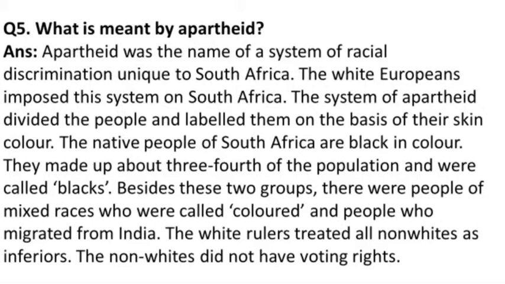The native people of South Africa are black in color. They made up about 3/4 of the population and were called blacks. Besides these two groups, there were people of mixed races who were called colored and people who migrated from India. The white rulers treated all non-whites as inferiors. The non-whites did not have voting rights.